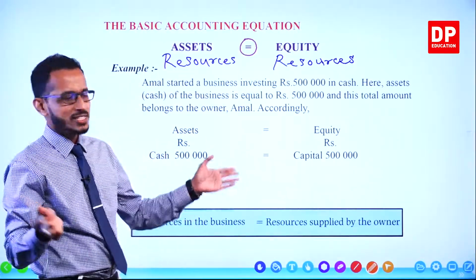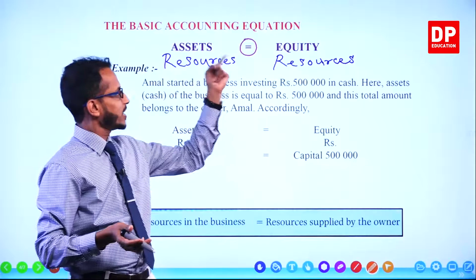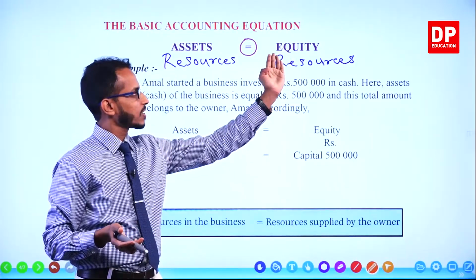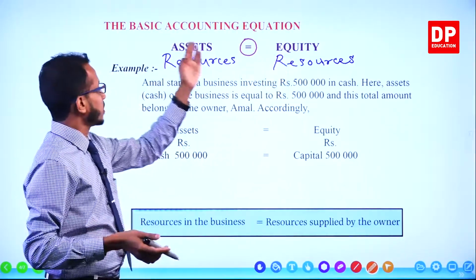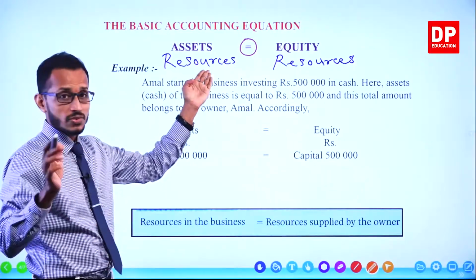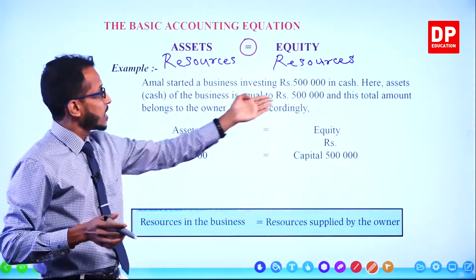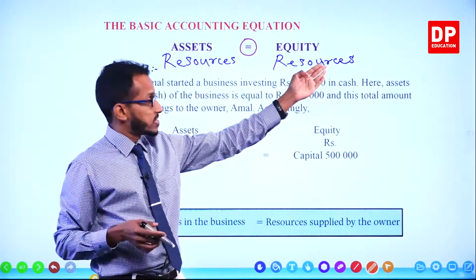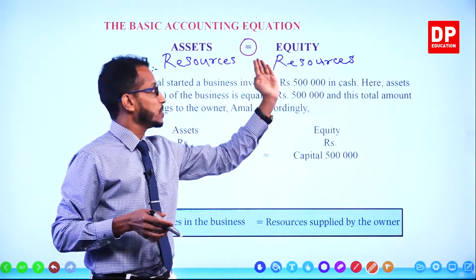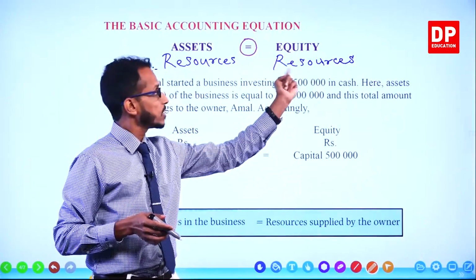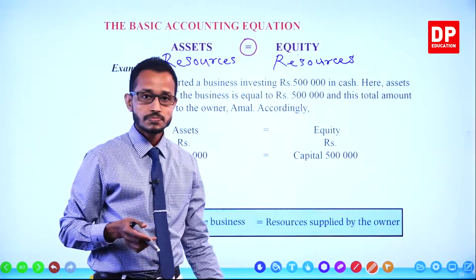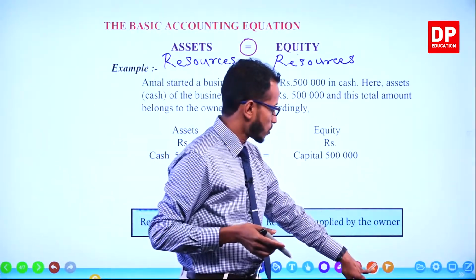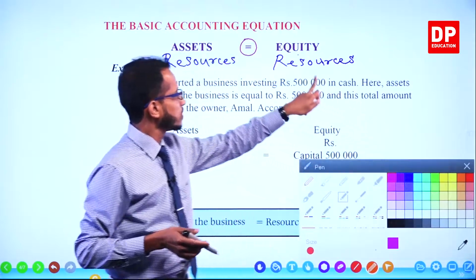The equation shows that assets are equal to equity. And we know that all the resources in a business are called assets. Out of those assets, the resources which belong to the owner are called equity.